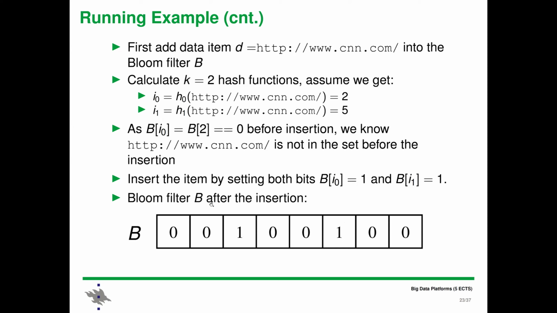And after the insertion, our Bloom filter looks like this. So we just flip these two indices from 0 to 1, and that's it, that's the Bloom filter after that. Okay, any questions at this point?